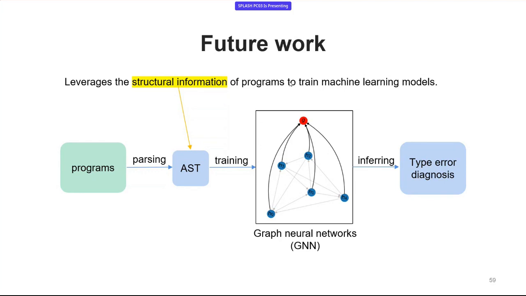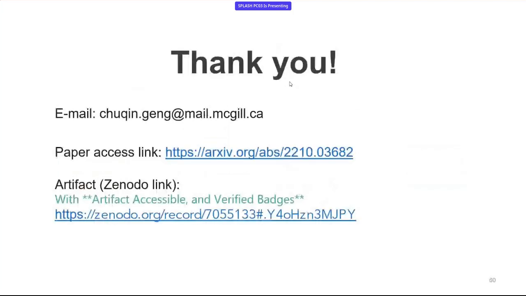Next, we plan to think about how to utilize the structure information. Our rough idea is to use a graph neural network, which is a network that usually works well on graphs. Maybe we can put this together and get some interesting results. Okay, that concludes my talk. Thank you.